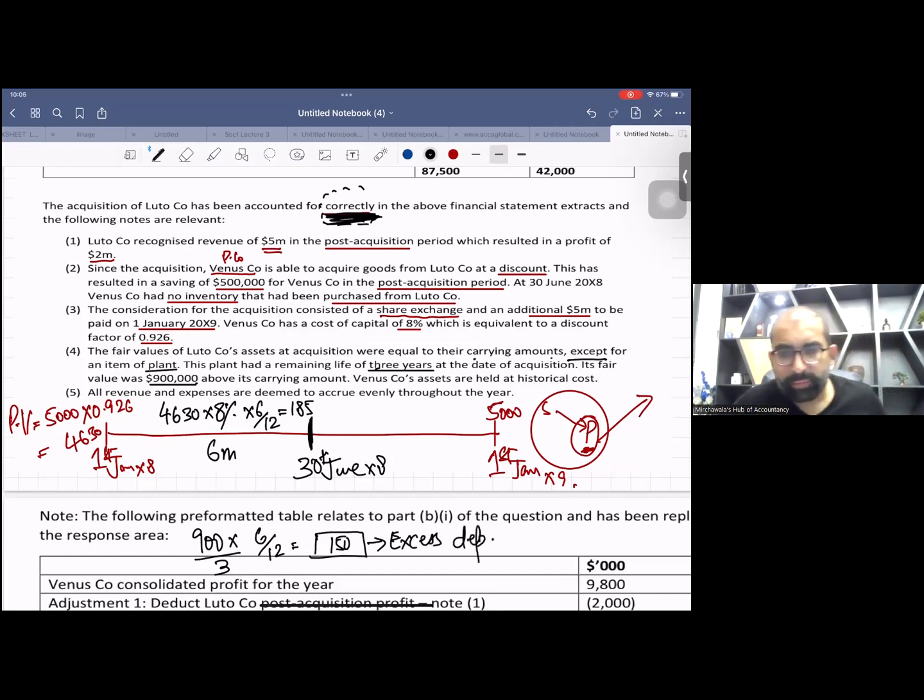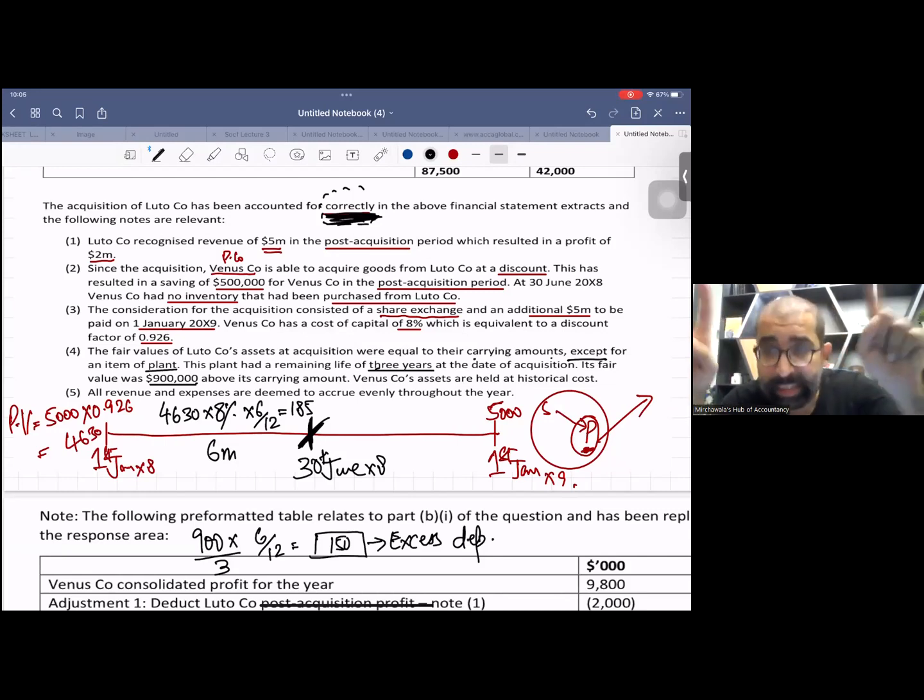If you are active, why 6 upon 12? Because the takeover date is 1st January X8, and you are making your income statement on 30th June X8. So only 6 months excess depreciation, which is 150.